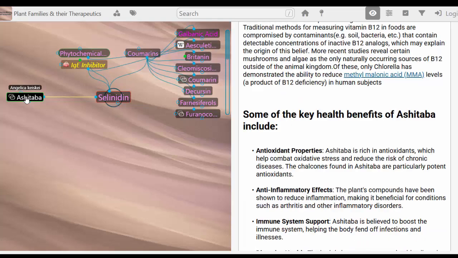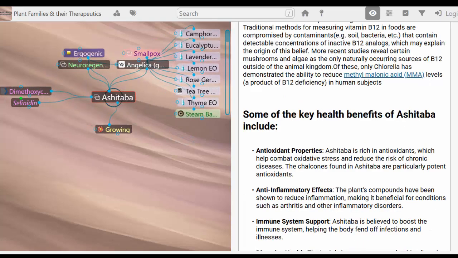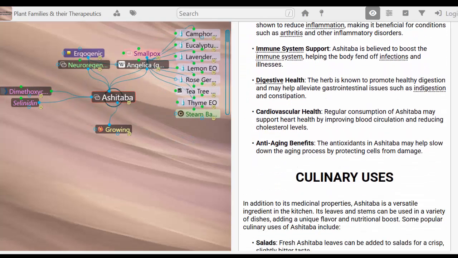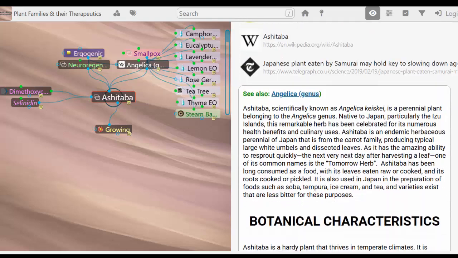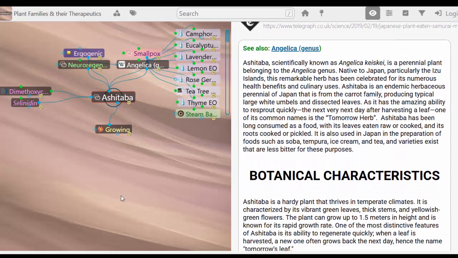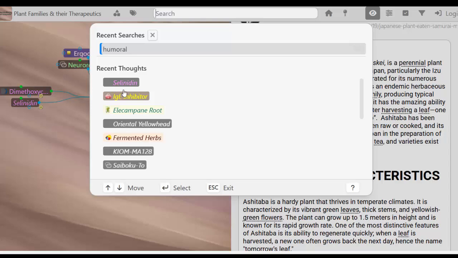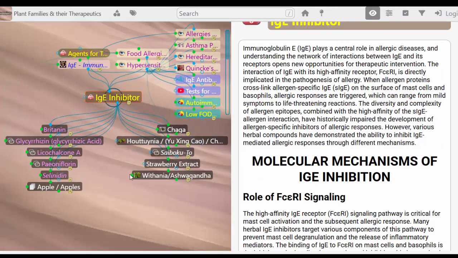That's in Ashitaba, which we see supports the immune system, digestive health, and that is in the Angelica. So you can just explore around in here, and if you're interested in discovering how herbs can help with inhibiting immunoglobulin E, then there's plenty here to dig into.